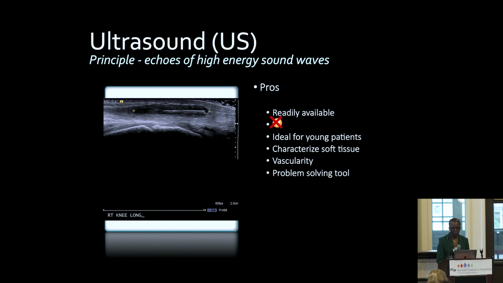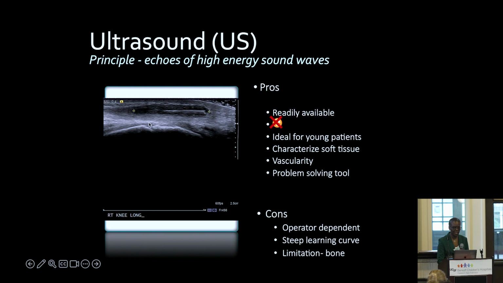It's a problem-solving tool. The disadvantages are that it's very operator dependent, there's a steep learning curve, and it's very limited for looking at bones. In this image, taken from the lateral aspect of the knee, this is the femur and the tibia. You can see the edge of the bone, but everything past that is shadowed out, so we're not going to see bone marrow. This is a foreign body that we can see really well, surrounded by edema.